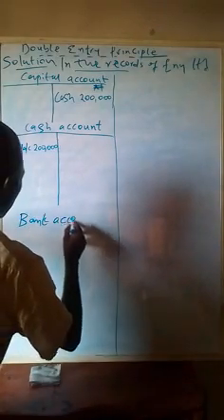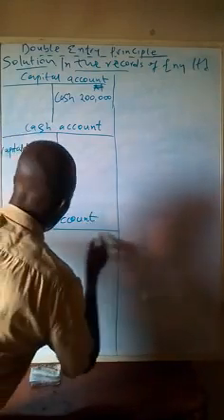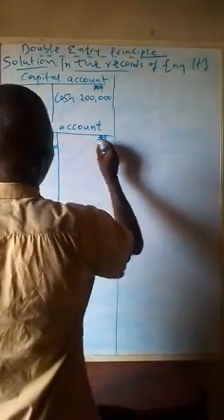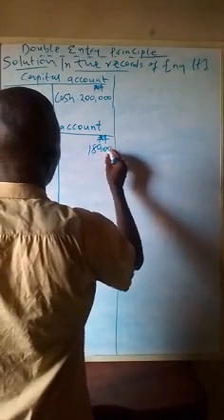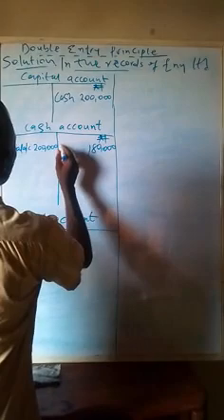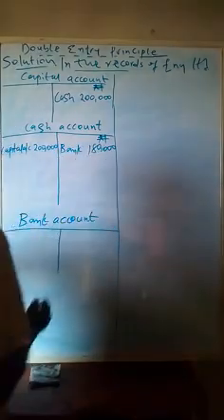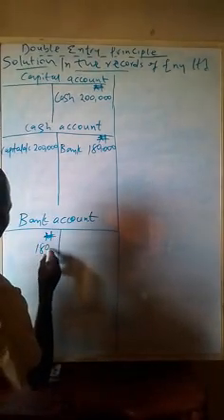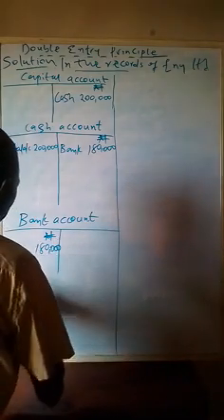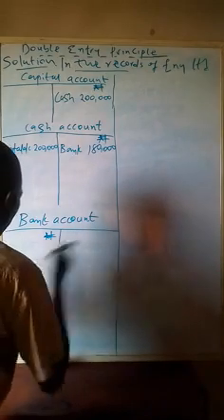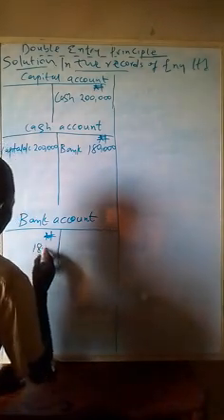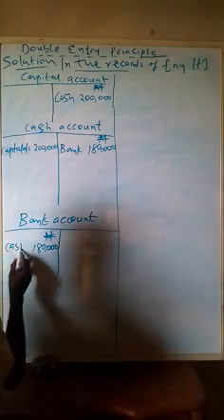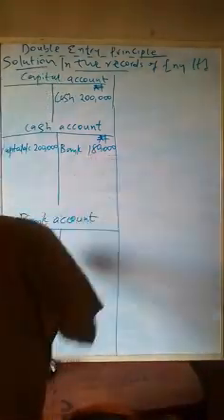Bank is receiving 180,000 naira, and the corresponding entry is the cash account. Cash is giving out the same amount.